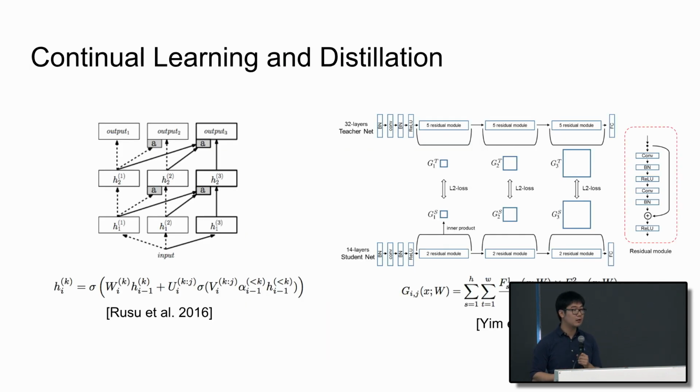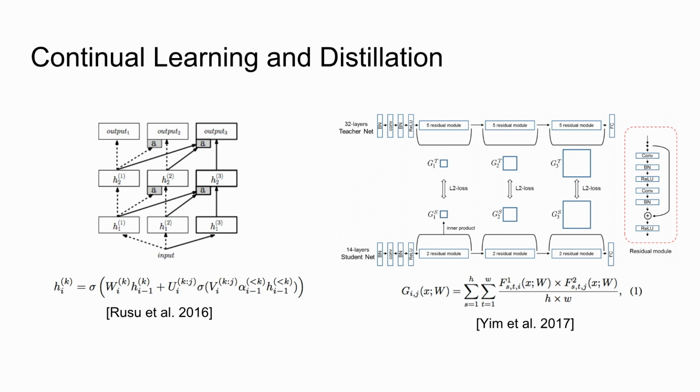And in parallel, there are some recent advances in transfer learning and also in model compression, for example, distillation, that can be used for transfer learning. On the left-hand side, we show what we call the continuous learning or adapter network, which was first proposed for continual learning, but can also be applied to transfer learning. It simply adds an adapter network compared to the off-the-shelf approach.